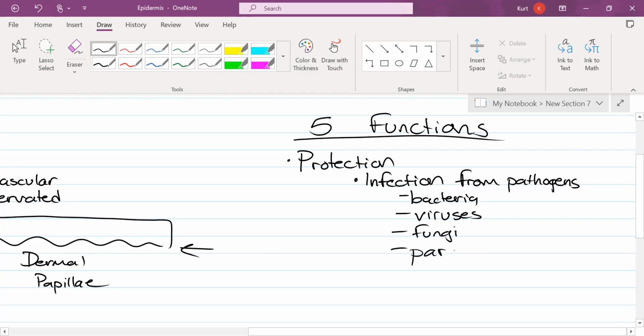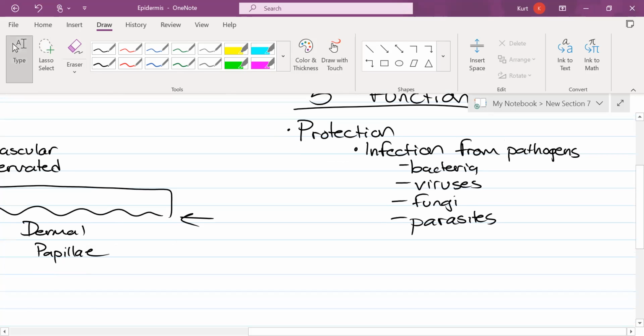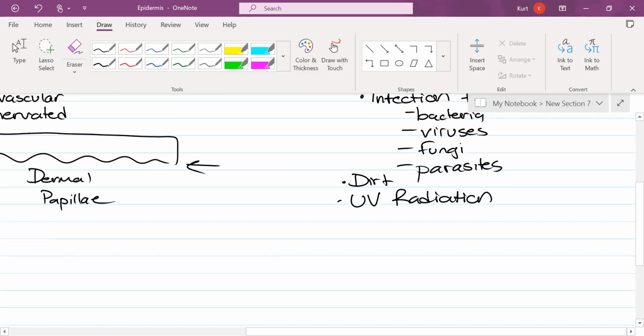Parasite. This includes things like ticks, worms, mosquitoes. Okay. Also, what else are you getting protection from besides pathogens and dirt? UV radiation, that's a big one. Okay, that was one of the functions. We have 2 more to do.